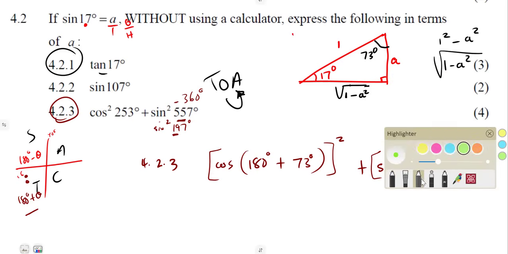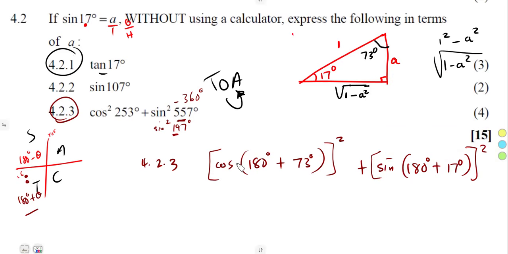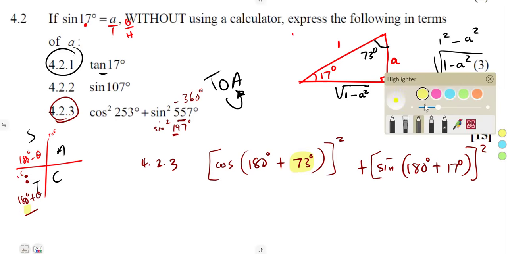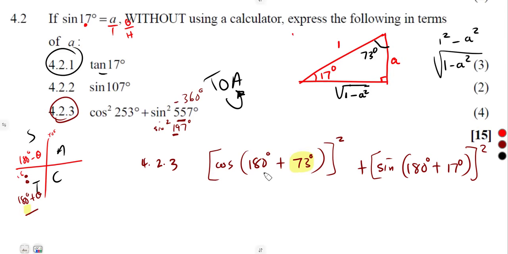So let us reduce now. Cos of 180 plus 73 degrees. This is in the third quadrant, the quadrant for tan. So definitely cos is negative. So it is going to give us a negative cos of the acute angle, 73 degrees, being squared.